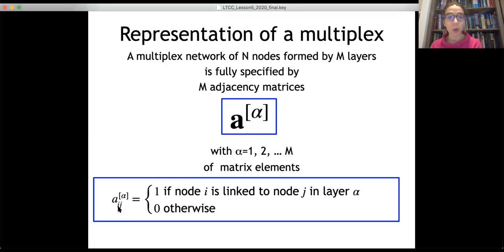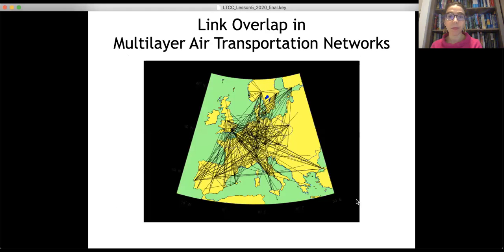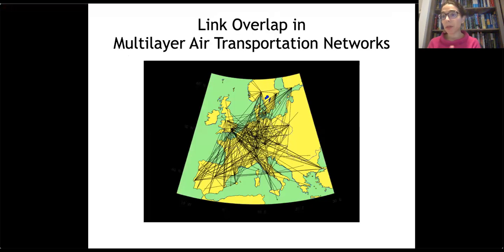So the element ij of the adjacency matrix alpha is 1 or 0, and is 1 if and only if node i is linked to node j in layer alpha. This structure seems very simple, it's just a vector of adjacency matrices, but it still captures a lot of features and correlations. And one important type of correlation is link overlap.